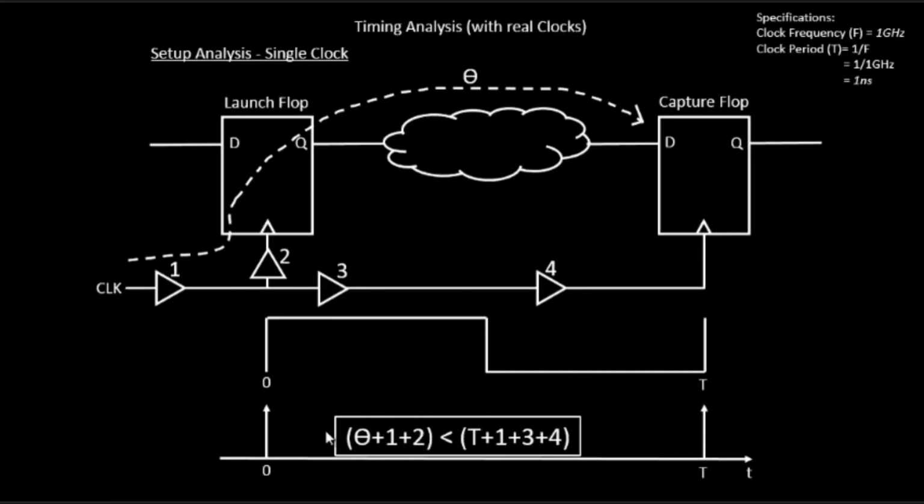Let's call 1 plus 2 delta 1, which is the launch flop clock network delay, the time required for the clock to reach from the clock source to the launch flop clock pin. And let's call 1 plus 3 plus 4 delta 2, the time required for the clock edge to reach the capture flop clock endpoint.